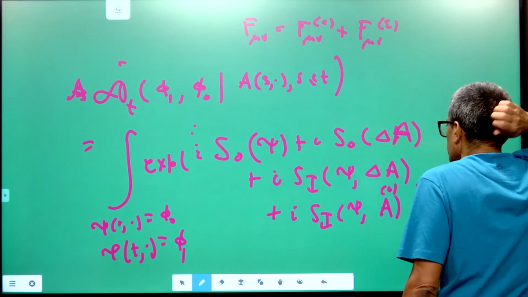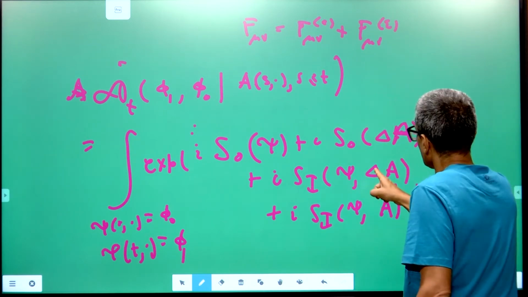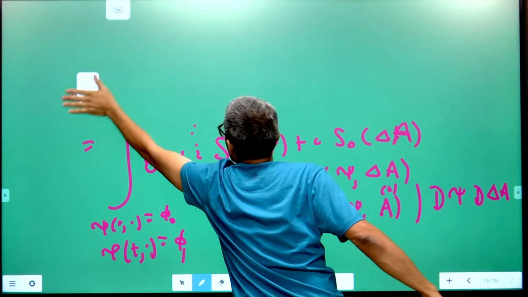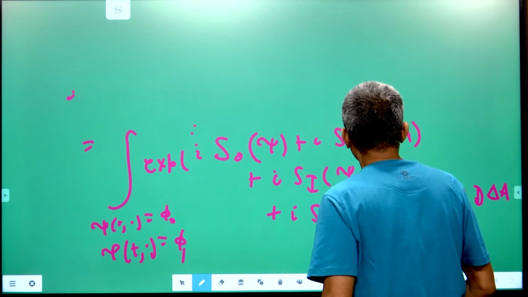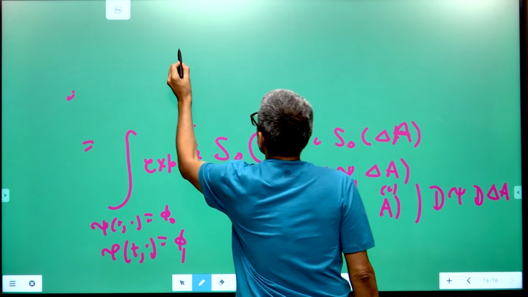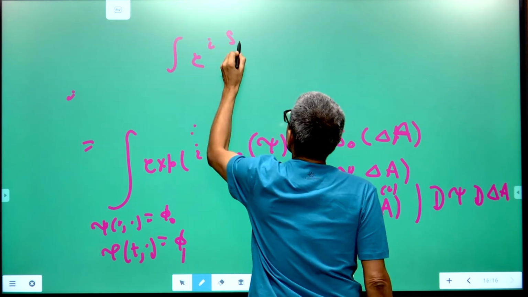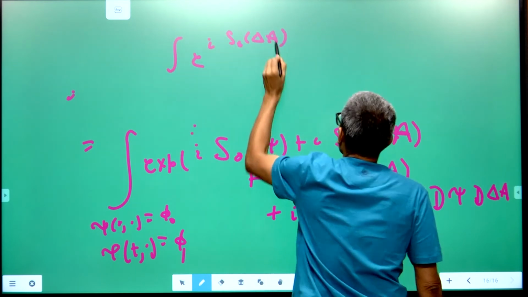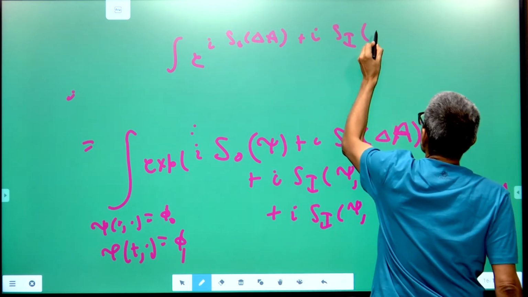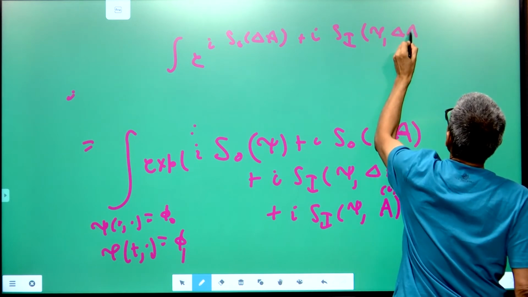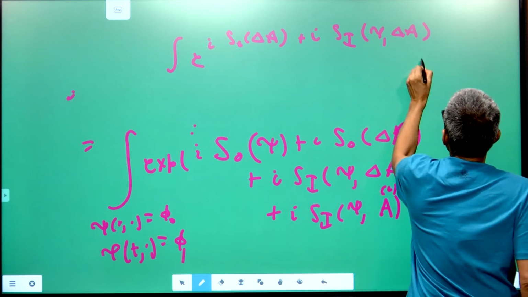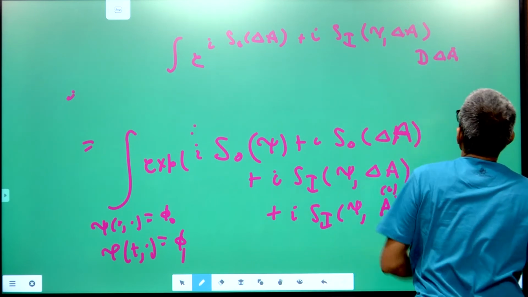Now this can be computed in terms of the propagator. Suppose you look at, let us just look at what this expression looks like. First you integrate with respect to delta A. So you have e to the power I S0 of delta A, and then you have plus I S_I with psi and delta A, that is all, delta A comes there, no other way it can come, and you put d delta A. This is done without any constraints.